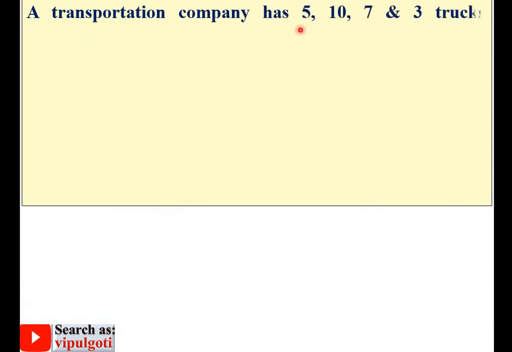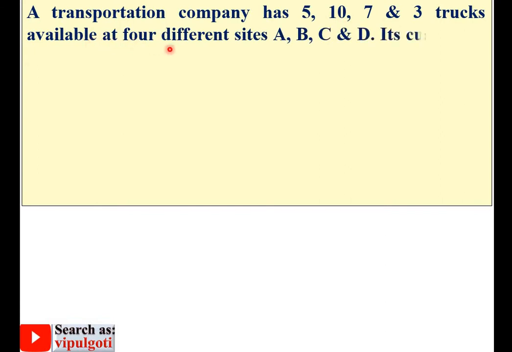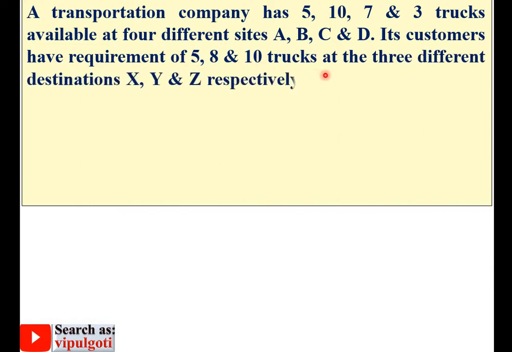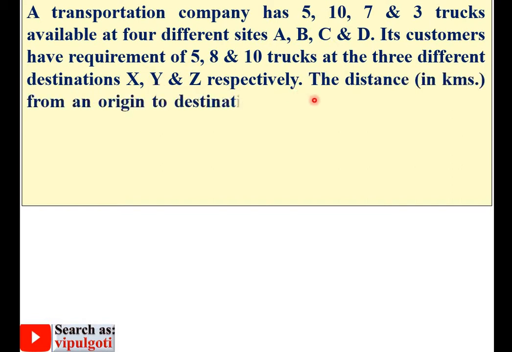A transportation company has 5, 10, 7 and 3 trucks available at 4 different sites A, B, C and D. Its customers have a requirement of 5, 8 and 10 trucks at the 3 different destinations X, Y and Z respectively.